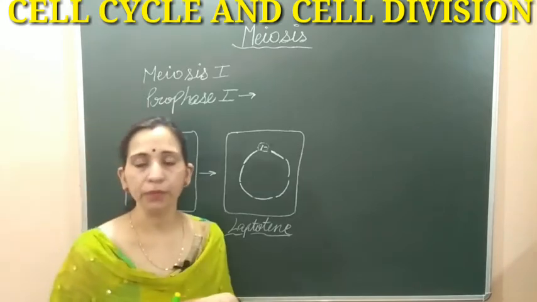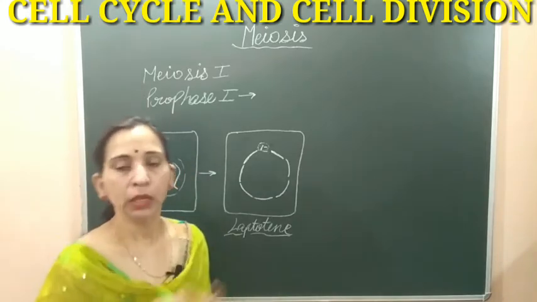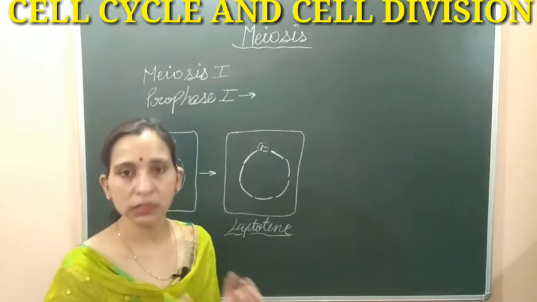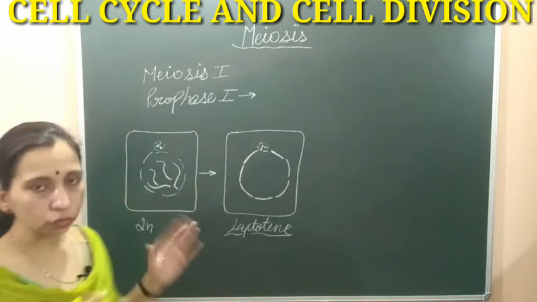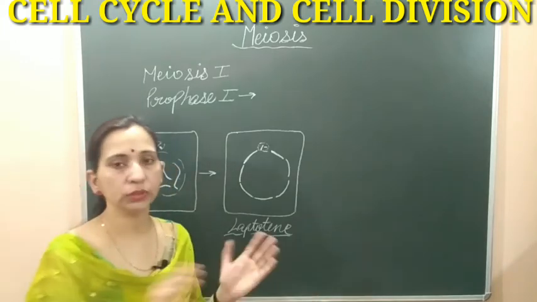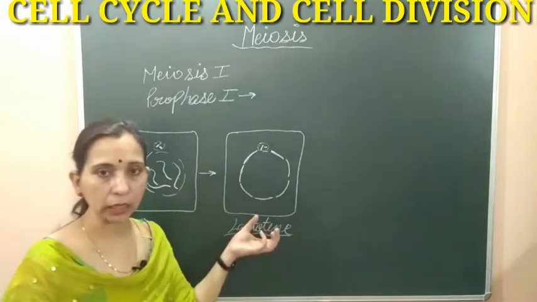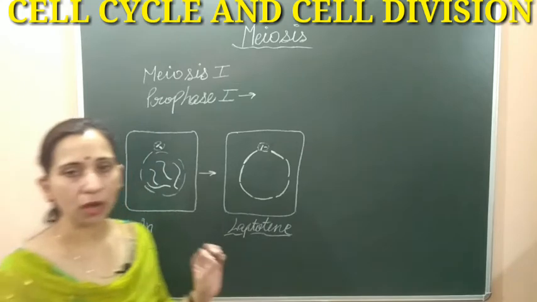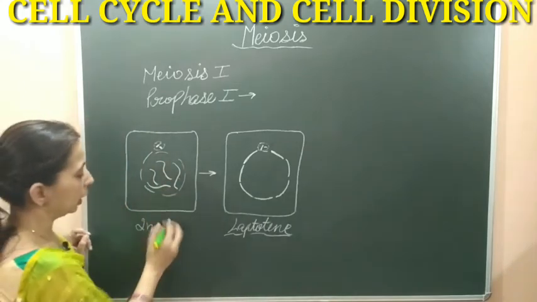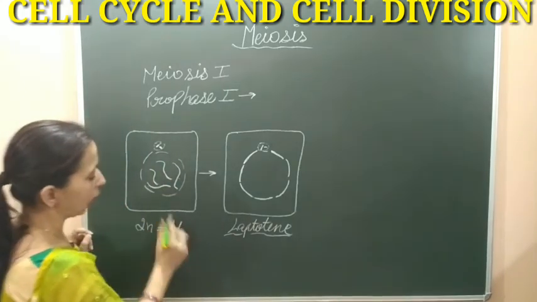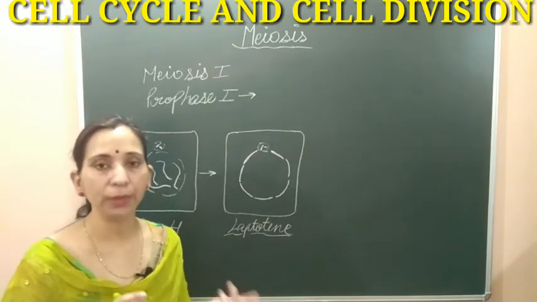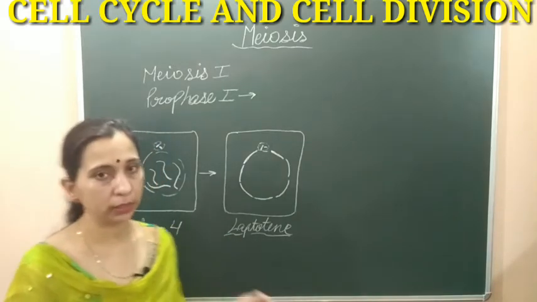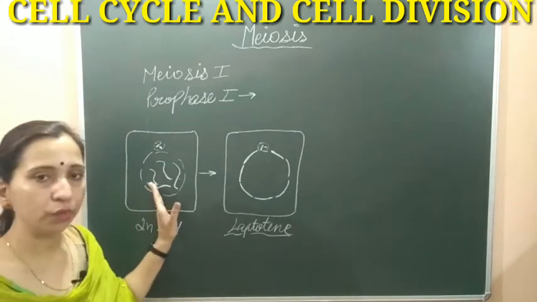In the human cell, the number of chromosomes is 46, in 23 pairs, but 46 chromosomes are not possible to show in this diagram. So we are taking just an example of 4 chromosomes. The cell has 4 chromosomes, present in pairs, so 2 pairs are present here.